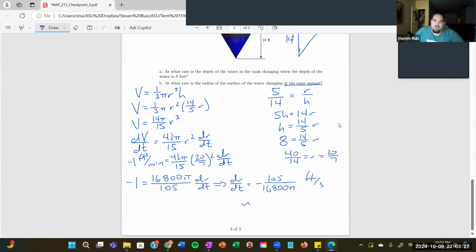Let me give you a numerical value here and we'll call it a day. So a pretty small number, negative 0.00199 feet per minute. All right, so that is all for checkpoint number 9.